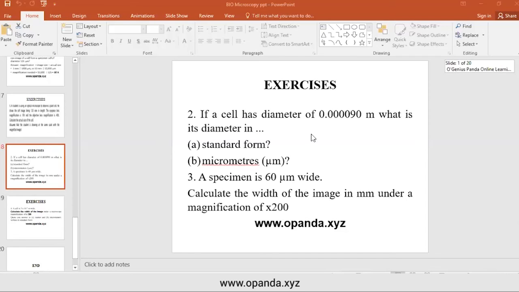If the standard form is 9 times 10 power negative 5, for B to micrometers, it will be 9 times 10 power negative 5 times 10 power 3.